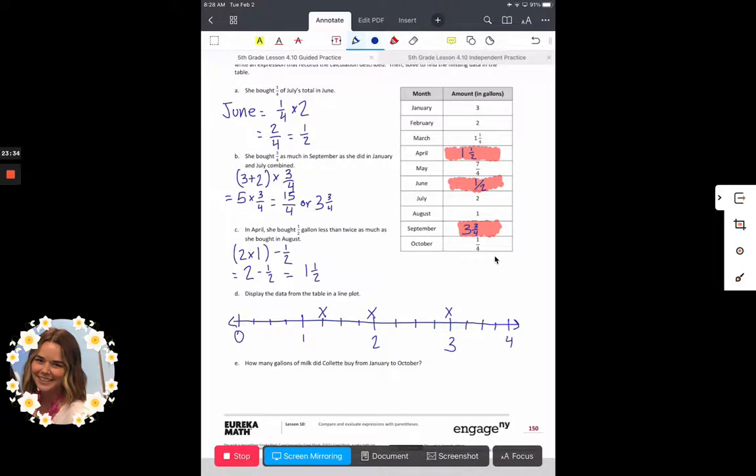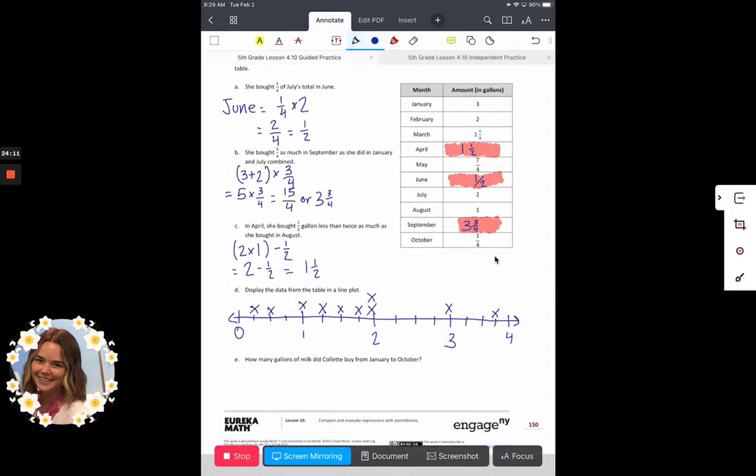So I want you to go ahead and fill in the rest of those on your line plot. When you're done, your line plot should look something like this.